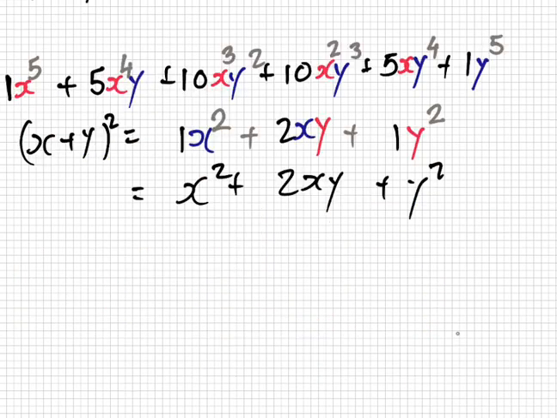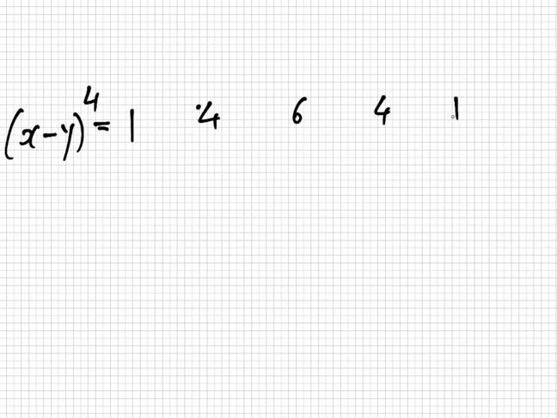Yep. So let's take something like x minus y power 4. Can you read out what are the numbers in row 4? 1, 4, 6, 4, and 1. Yeah, that's right. Now, we start with the x. x, x, x, x, and no x.